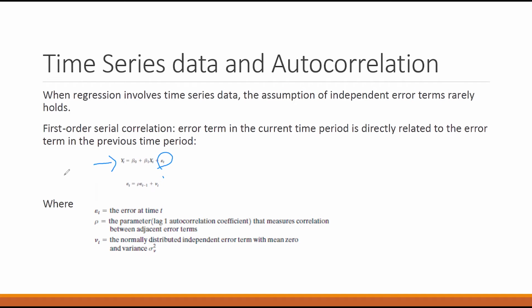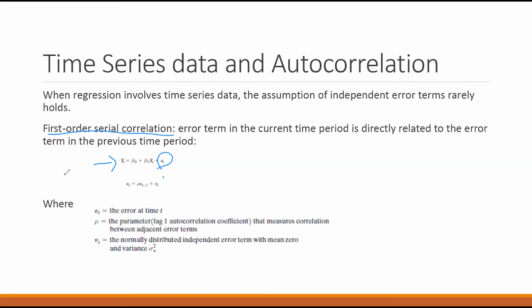That is, the current period error term is not dependent on other error terms. Now, when we have time series data, though, there's usually what we call first order serial correlation, which means the error term in the current period is directly related to the error term in the previous time period. We call it first order because it just says the error term in the current period is related to the error term one period before the current one. Okay, so that's first order serial correlation.